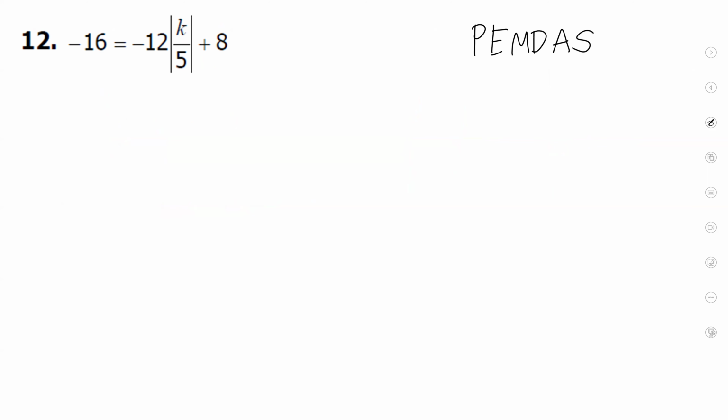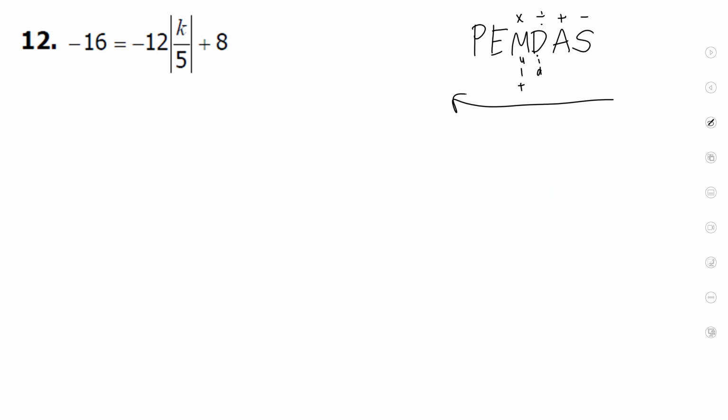Okay, so guys, y'all are all saying divide by this negative 12 first. That is wrong. You do not do that first. Whenever you are solving an equation, you need to go backwards from PEMDAS. Multiplication, division, add, subtract. You need to go backwards.